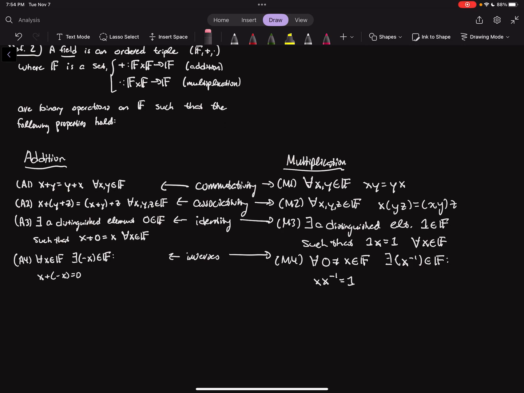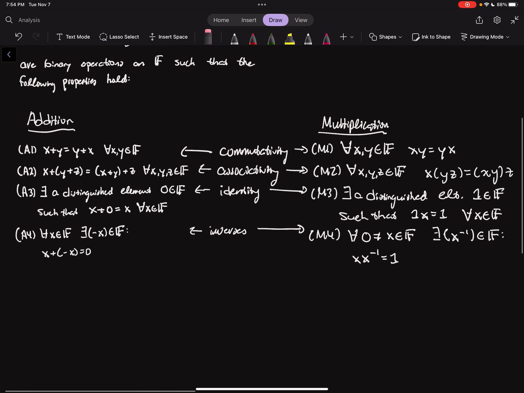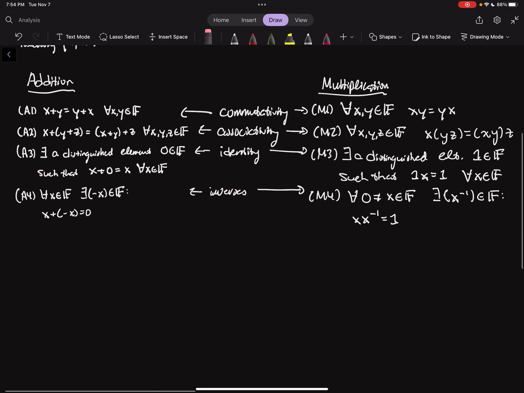Okay, so this should make sense, I think. We haven't done anything crazy yet. If you think about all of these in the context of the rational numbers, I think they make perfect sense. And you can take a class on field theory and learn all of these things in much more general settings.